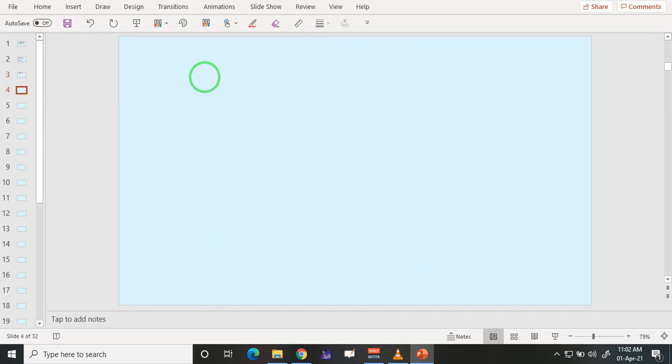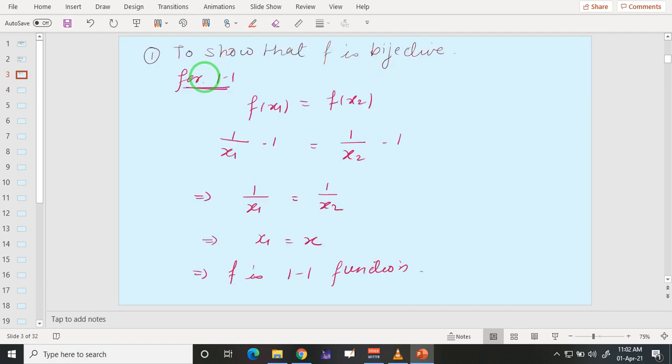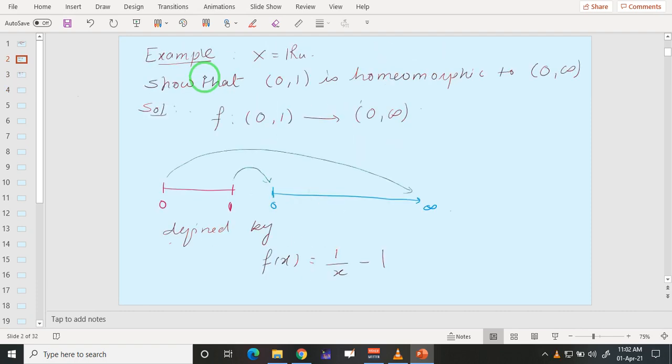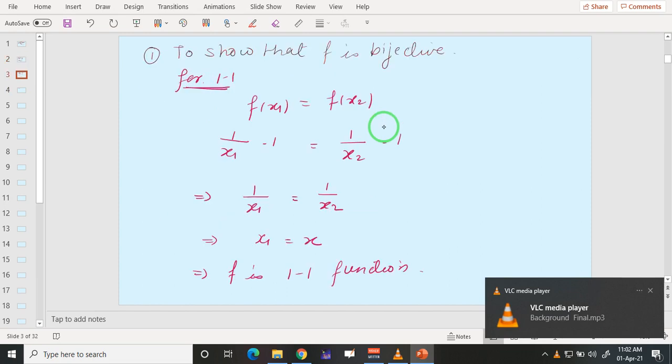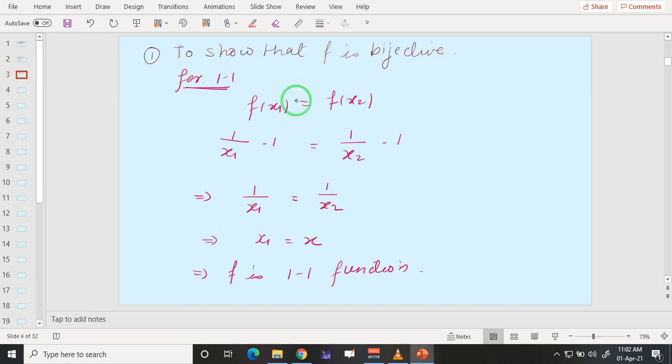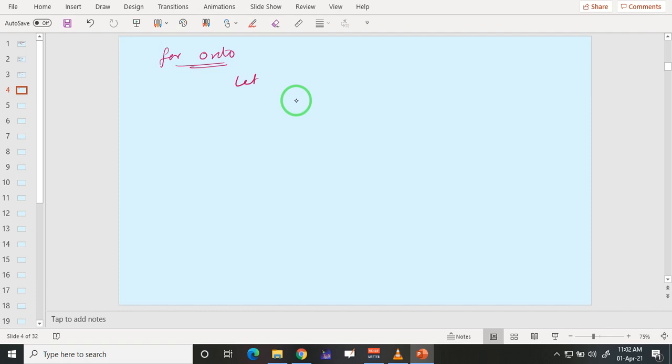Okay, for onto, you need to take a point in your codomain. So you take a point over here. Let us take y, let y belong to 0 to infinity.